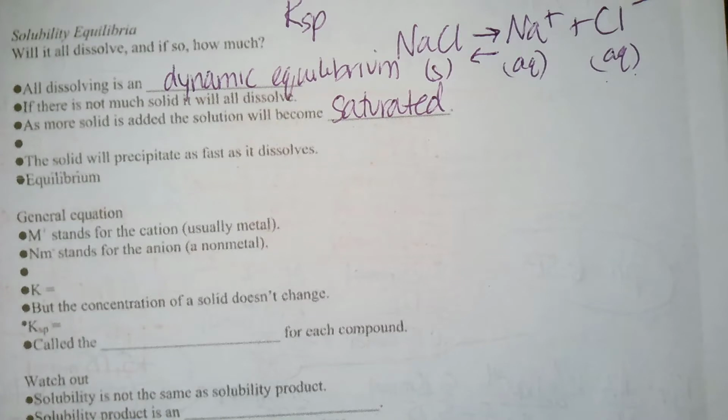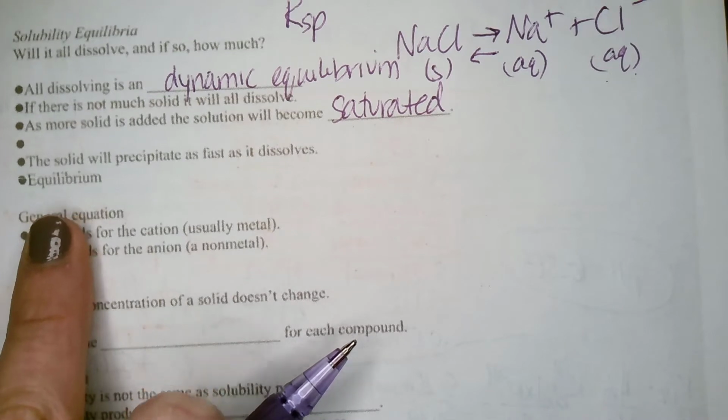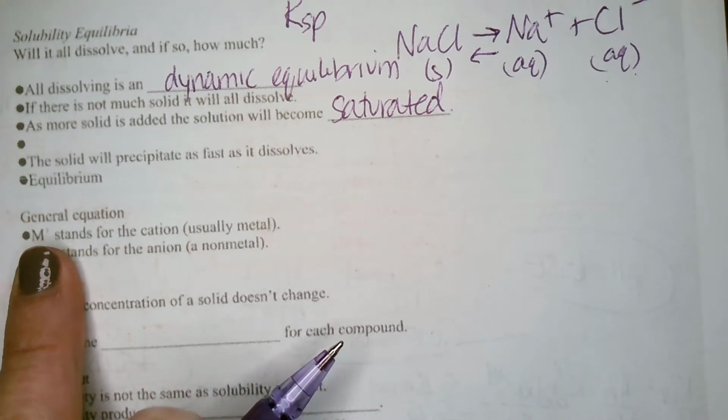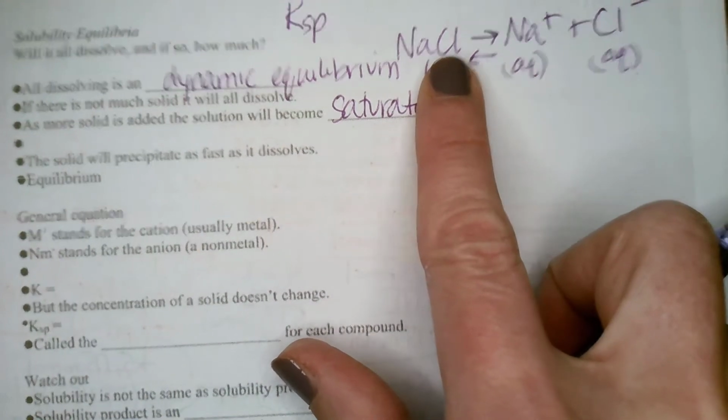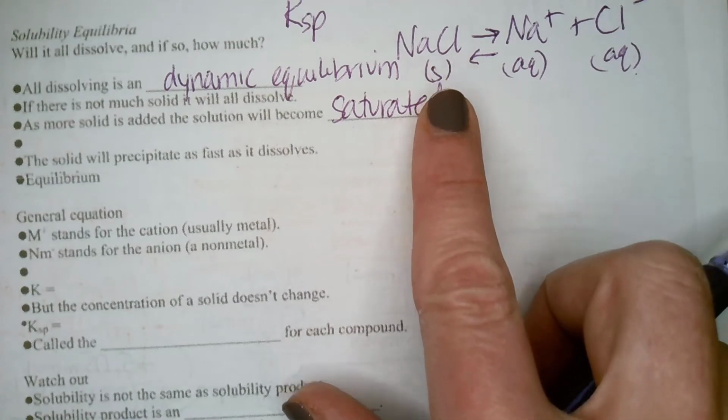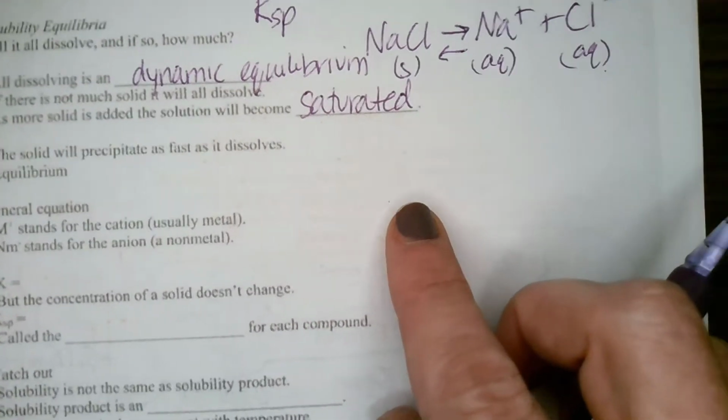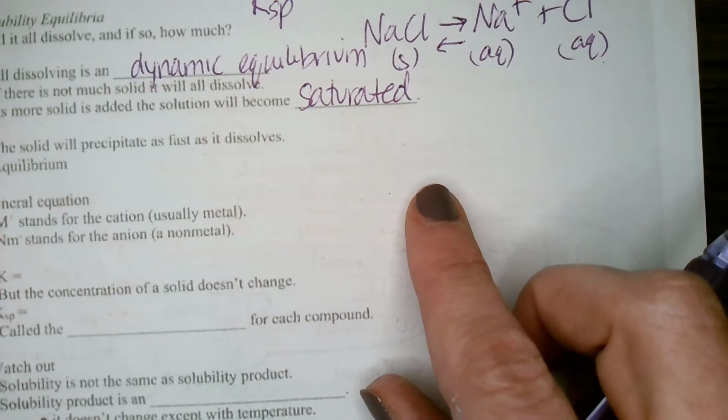Think about, for example, Kool-Aid and how horribly hard it is to get that last little bit to dissolve. It's creating a saturated solution. So the solid will precipitate as fast as you can get it to dissolve, and therefore we call it a dynamic equilibrium. The process of going into solution is indeed equal to the process of falling out of solution.